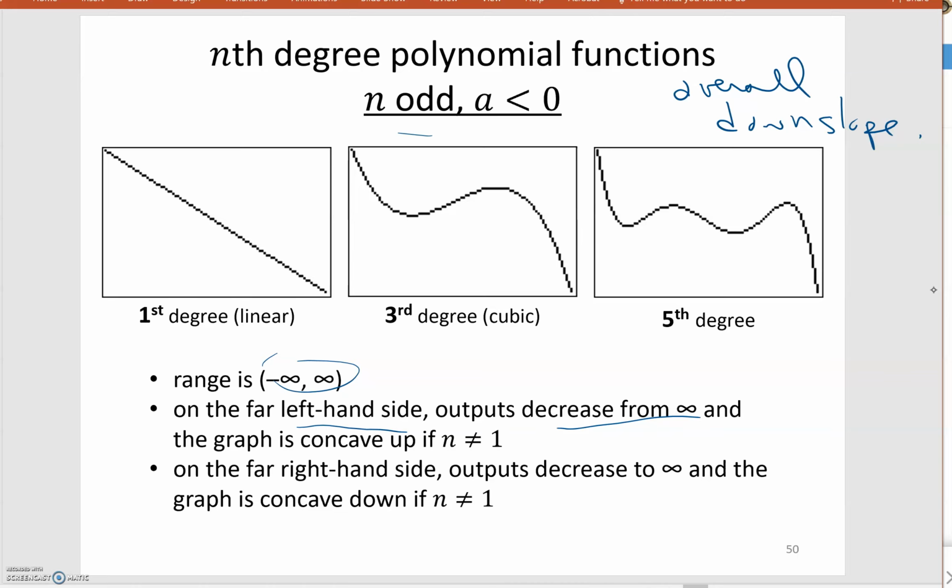And on the far right-hand side, outputs decrease to infinity. I'm sorry, hold on. That should say negative infinity. And the graph is concave down if n is not equal to 1. So there's a little mistake there.